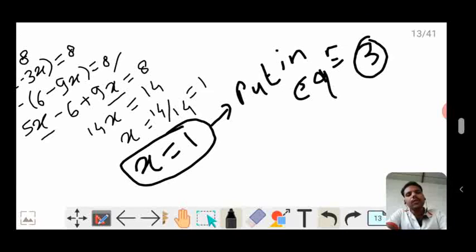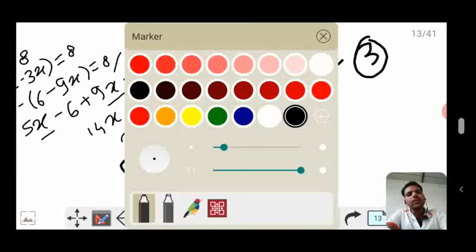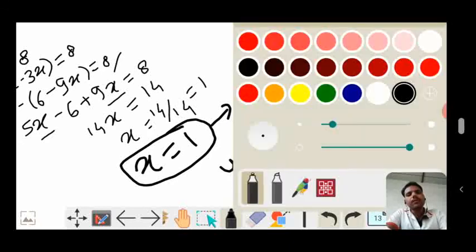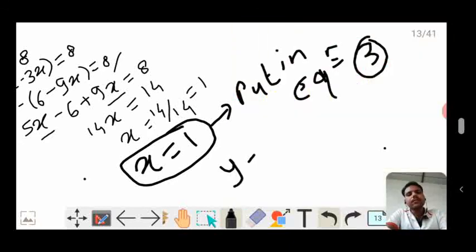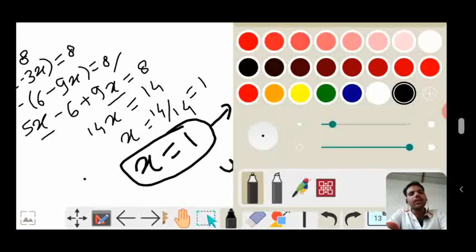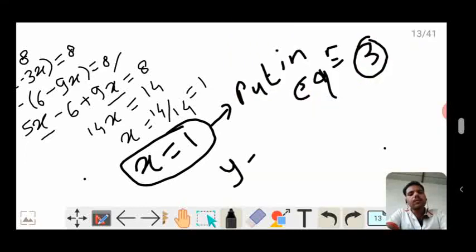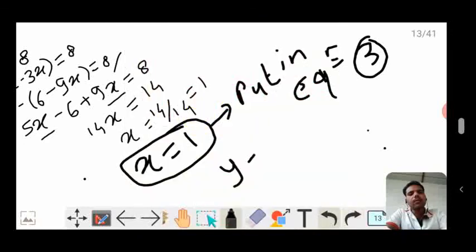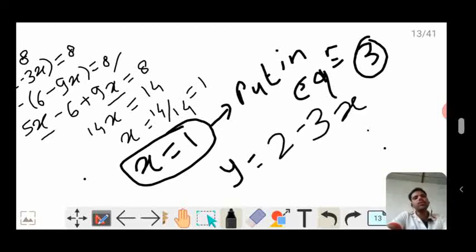So y is equal to, what is the third equation? Third, y is equal to 2 minus 3x.